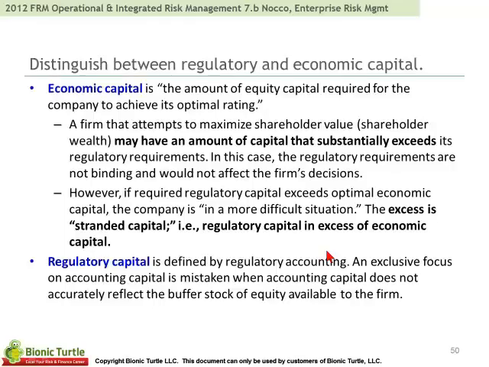Again, the aim is distinguishing between economic and regulatory capital. So here is another perspective on that same distinction, where Stolz and Nocco say that economic capital is the amount of equity capital required for the company to achieve its optimal rating, and regulatory capital is defined by regulatory accounting.